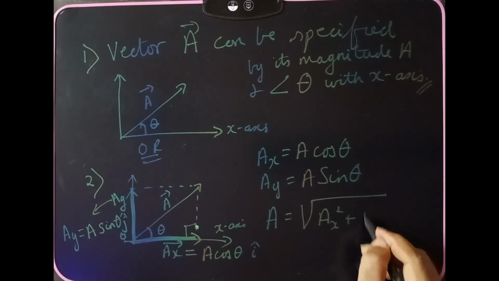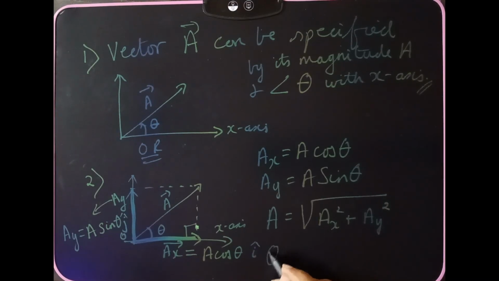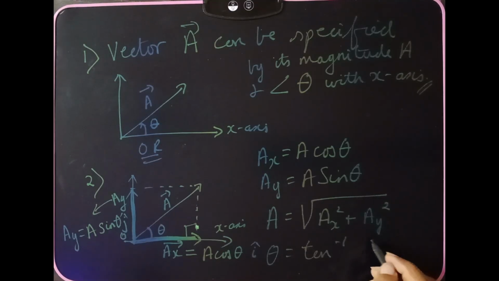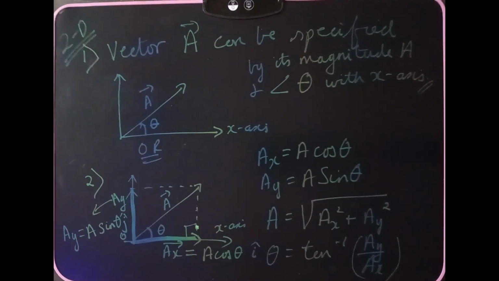And theta can be written as tan inverse of opposite by adjacent, and the opposite is ay by ax. This you are supposed to resolve for vectors in two dimensions. This is two-dimensional resolution in a coordinate system.